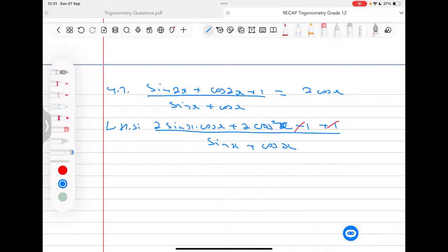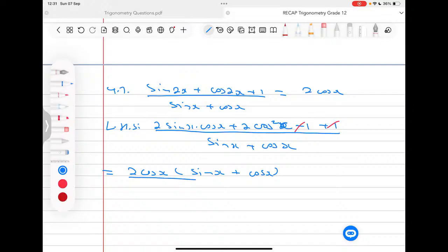And we can see here that we have a common factor of cos and a 2, right? So I can take the 2 out and the cos x out, so that I'm left with sine x and a cos x here. Because if you multiply these 2, you'll get a 2 sine x cos x. Then if you multiply these 2 here, you'll get a 2 cos squared x.